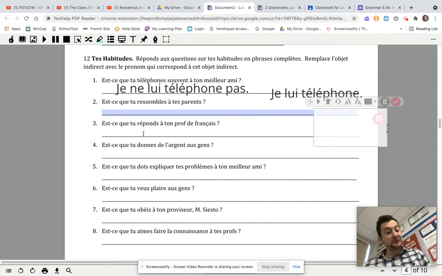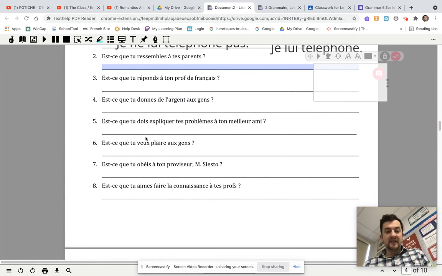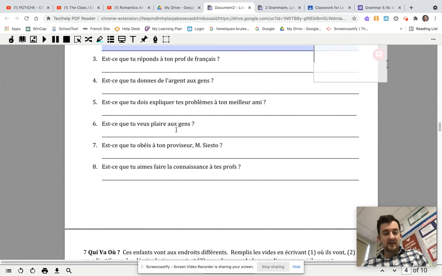Je lui réponds, je ne lui réponds pas, etc. Number 4, do you give money to people? Number 5, must you explain your problems to your friends? Okay. I must explain to them or I mustn't.